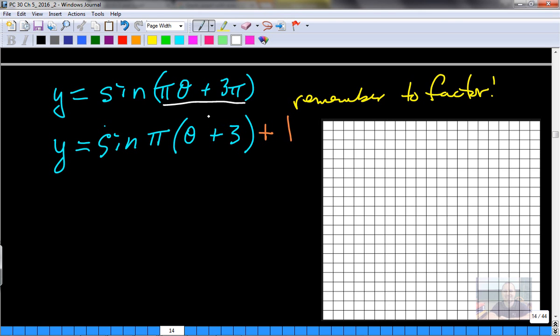Because I don't know if you remember from the first chapter when we did the transformations, if there's a binomial in here, you have to factor that out to see what b is and to get the right c value.